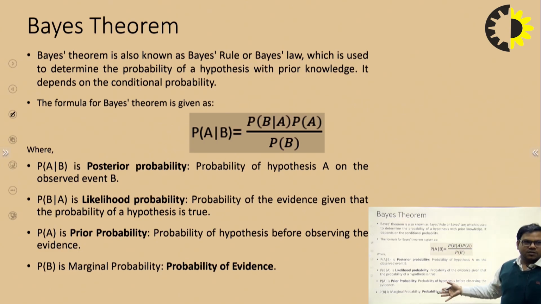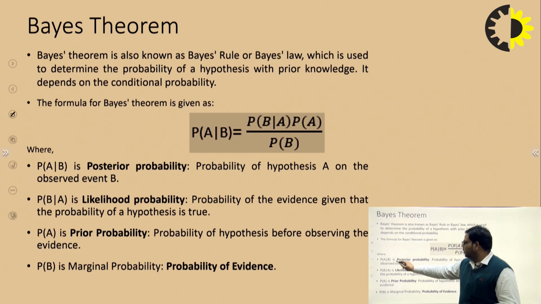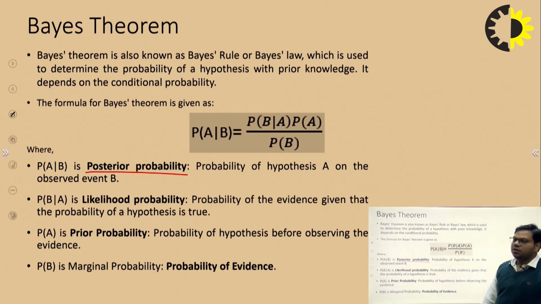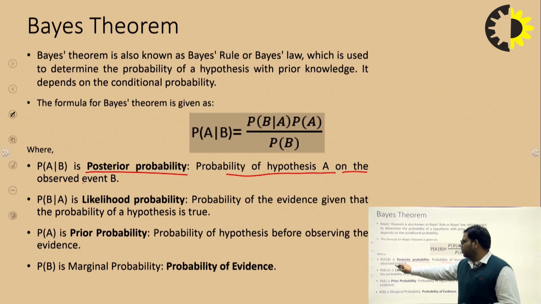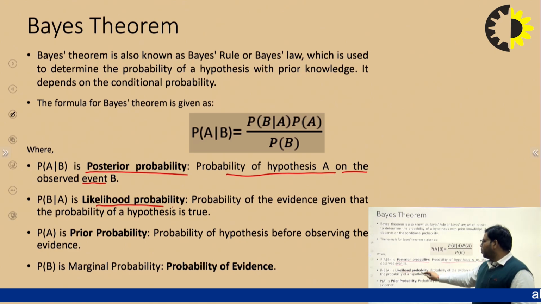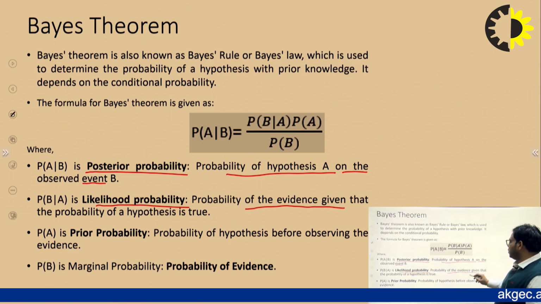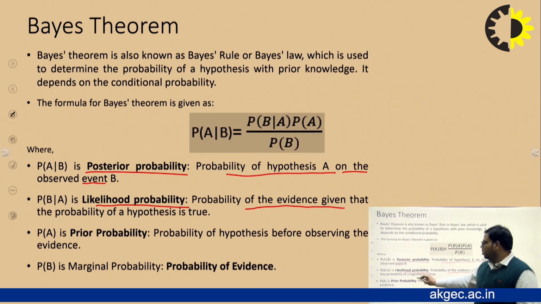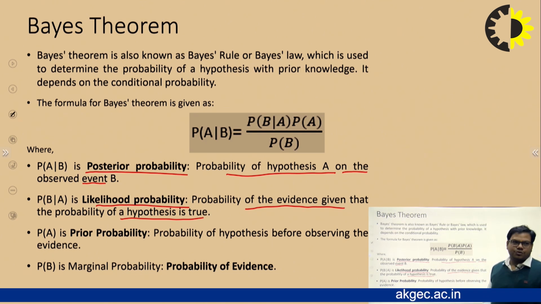The same thing is rewritten, but what is important is to understand that P(A|B) is called the posterior probability: the probability of hypothesis A on the observed event B, after B has already happened. P(B|A) is the likelihood probability, sometimes called the probability of the evidence, given that the hypothesis is true.